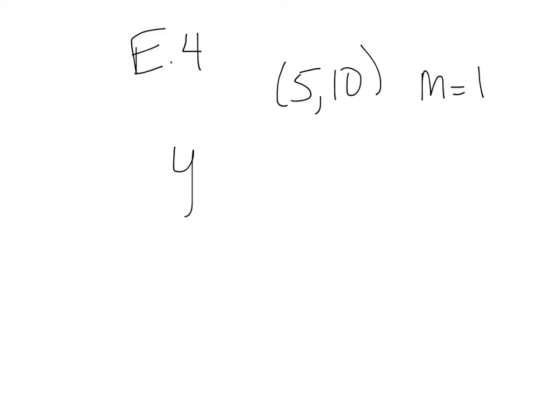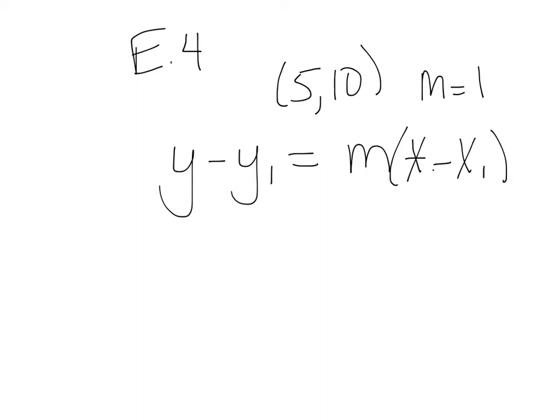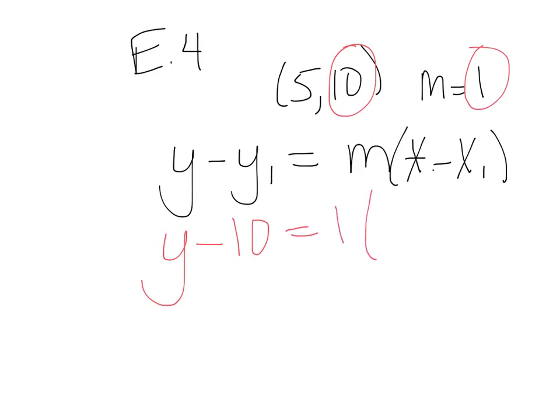So let's write down y minus y1 equals m times x minus x1. So then I can just write in the points. y minus, here's my y, 10, equals, here's my slope, 1 times x minus 5.